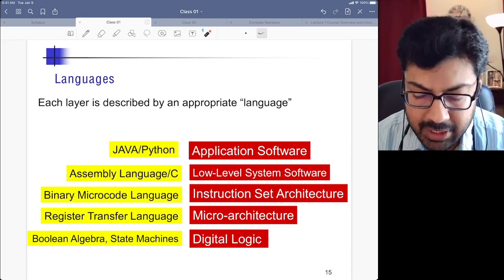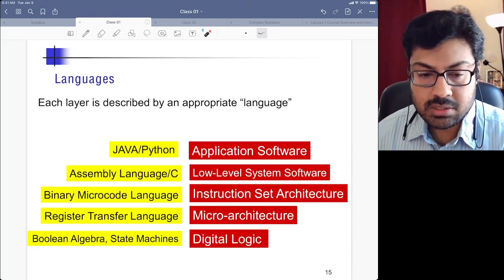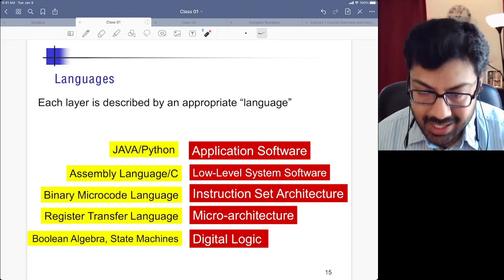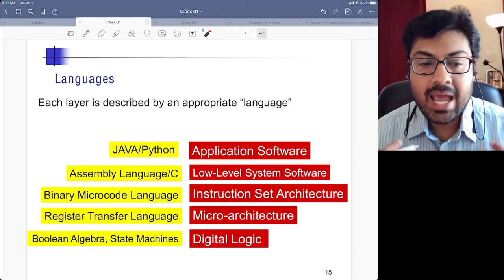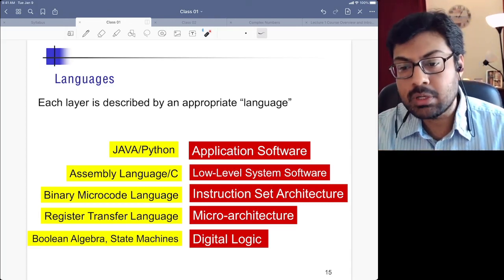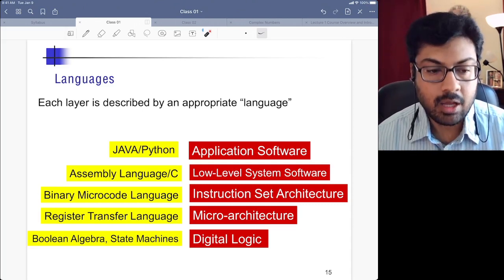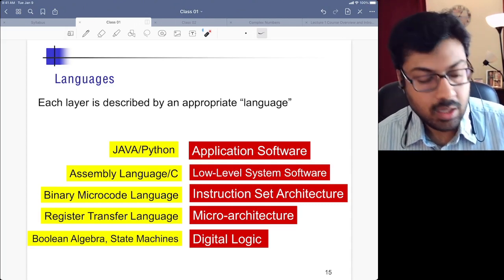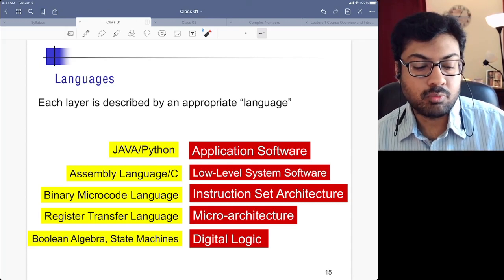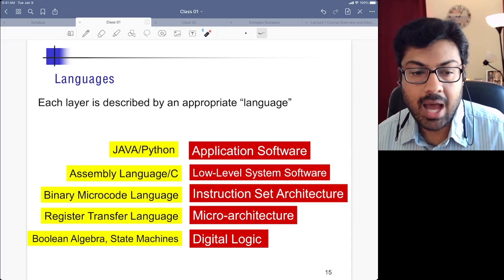Some of you may be new to RTL, but essentially what this means is that to carry out a bunch of instructions, you will need to move contents from one register to the other. And as you are doing that, you can write that particular movement from one register to the other in an RTL format. Move contents of accumulator to memory, right? So that's an RTL language.